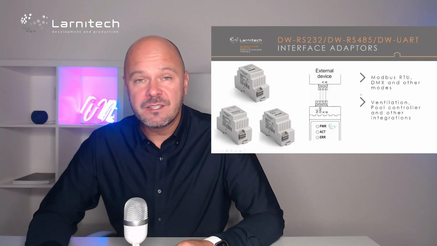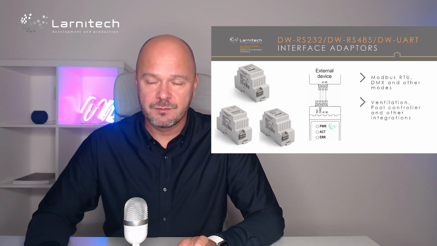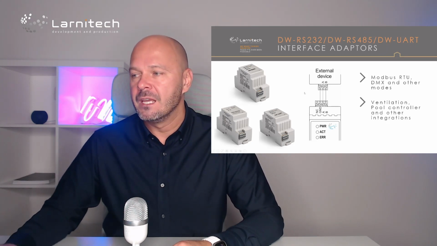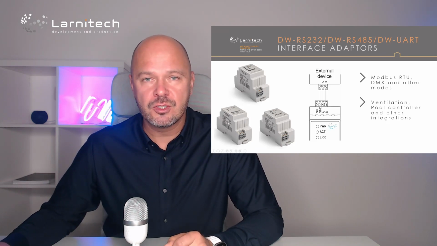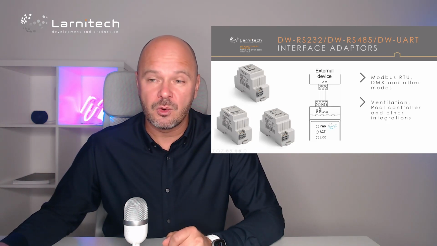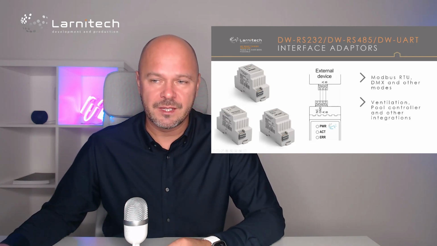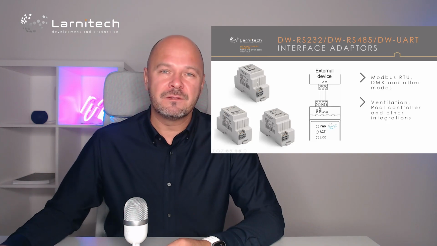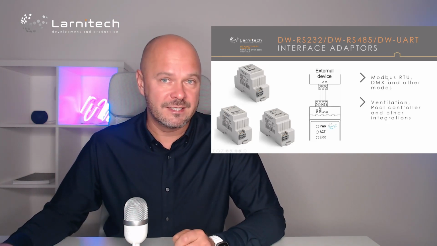And then we have interface adapters. Those are RS232, RS485 and UART adapters. RS232 is usually used to control some audio-video devices. It's rarely used to control something else. RS485 is mostly used to control Modbus devices.